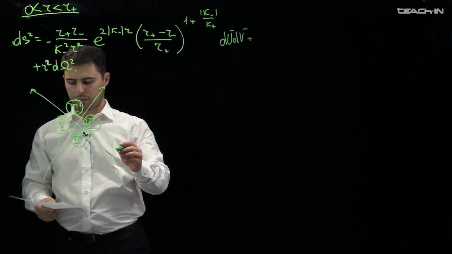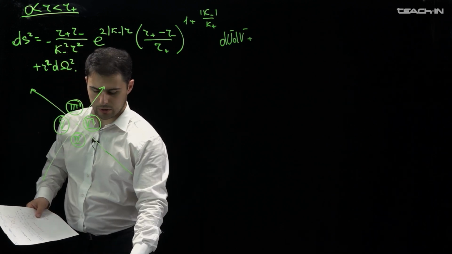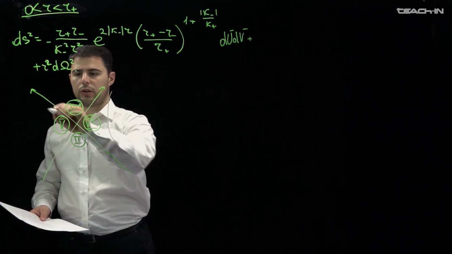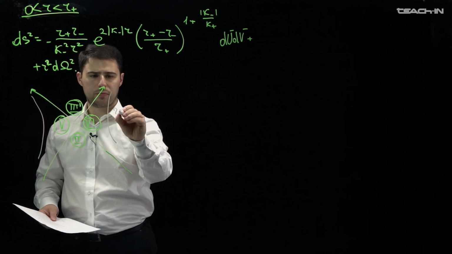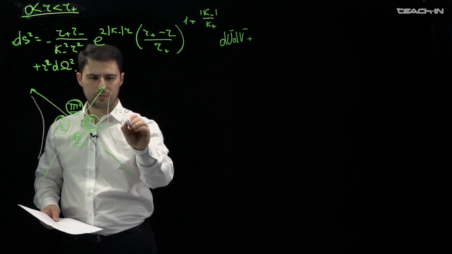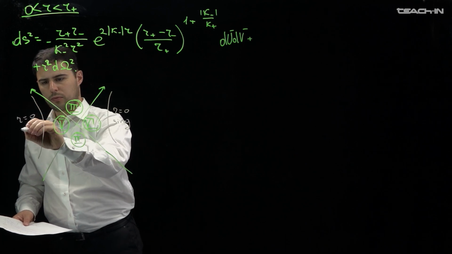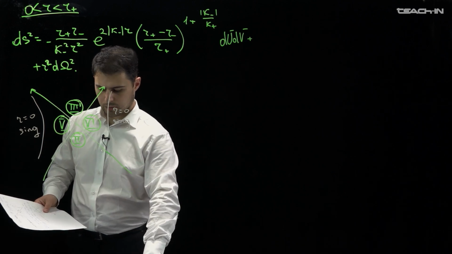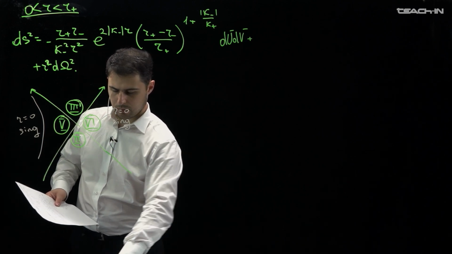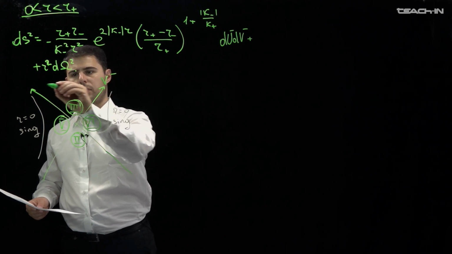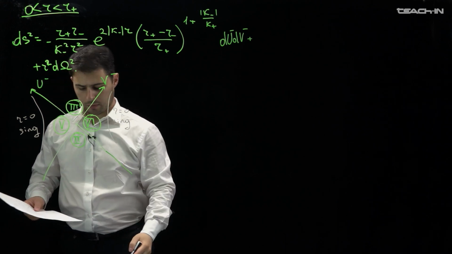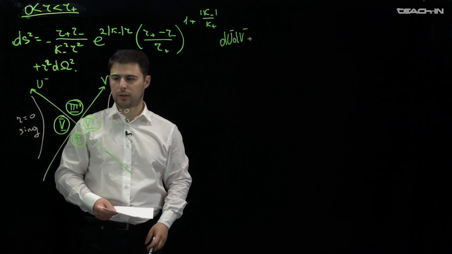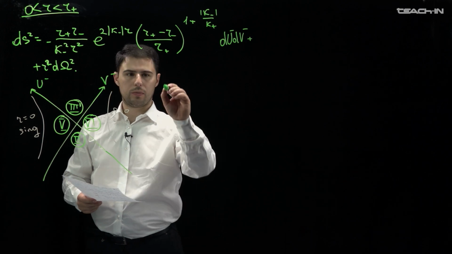So we naturally have the singularities in the regions 5 and 6, and notice that the singularities this time are time-like.